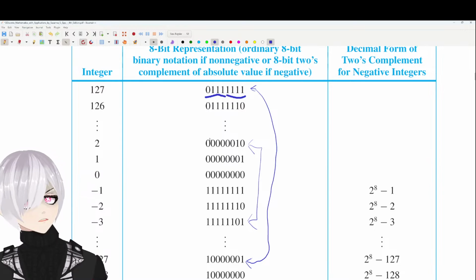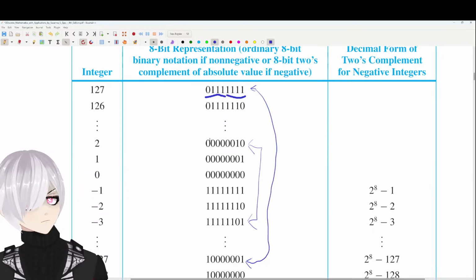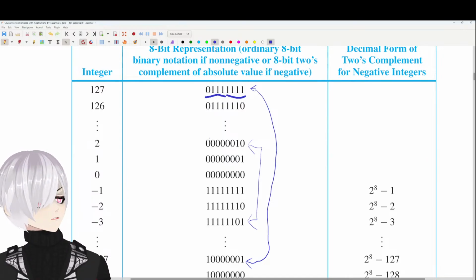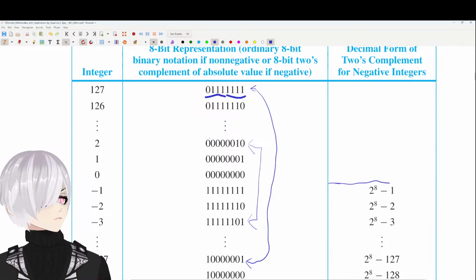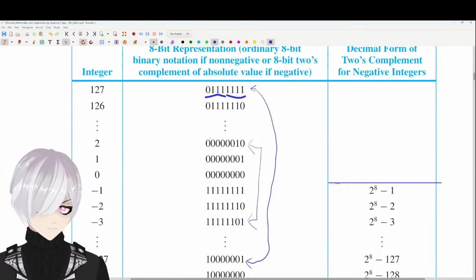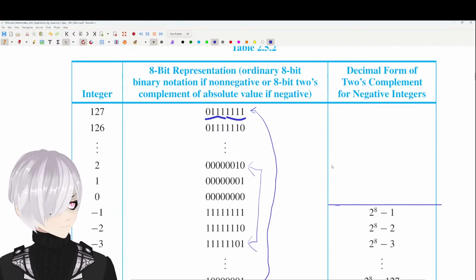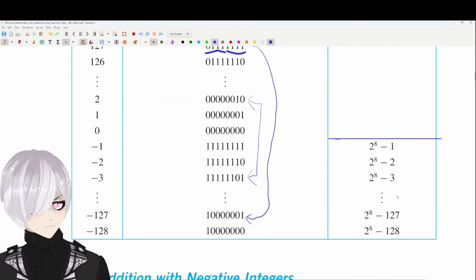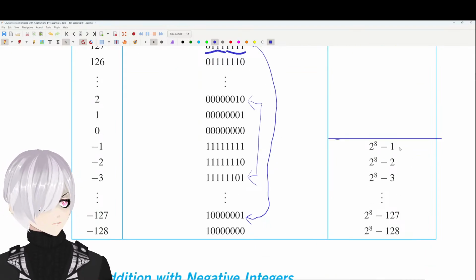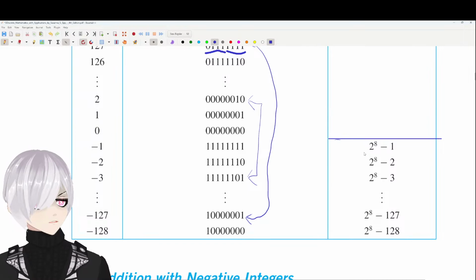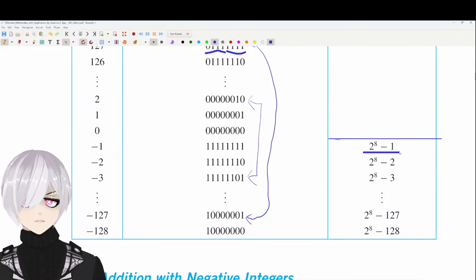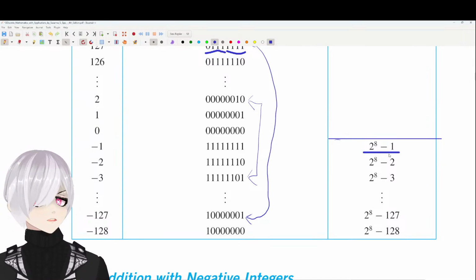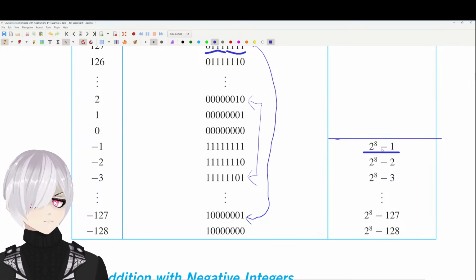Why does the decimal form of the 2's complement for negative integers... it's only referring to the negative integers. Isn't this the same formula for the 2's complement for any integer?